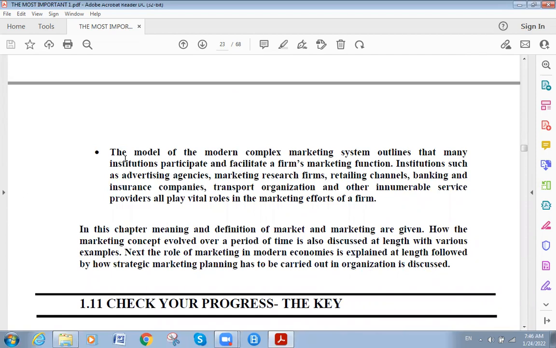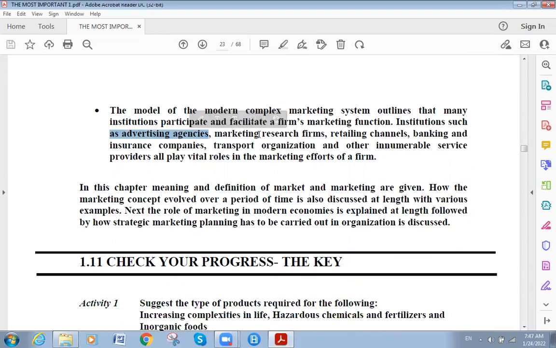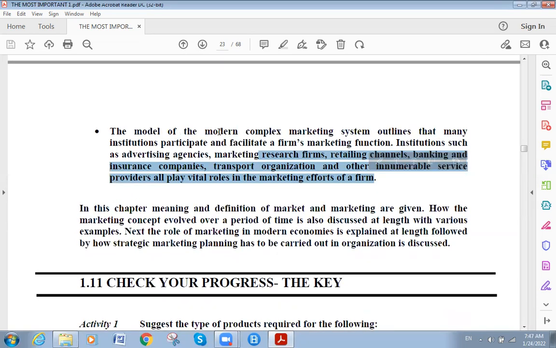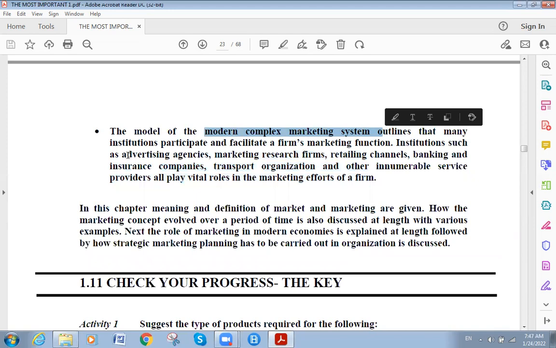The model of the modern complex marketing system outlines that many institutional participants facilitate a fair marketing function. Institutions such as advertising agencies, marketing research firms, related channels, and banking are all part of the modern complex marketing system.